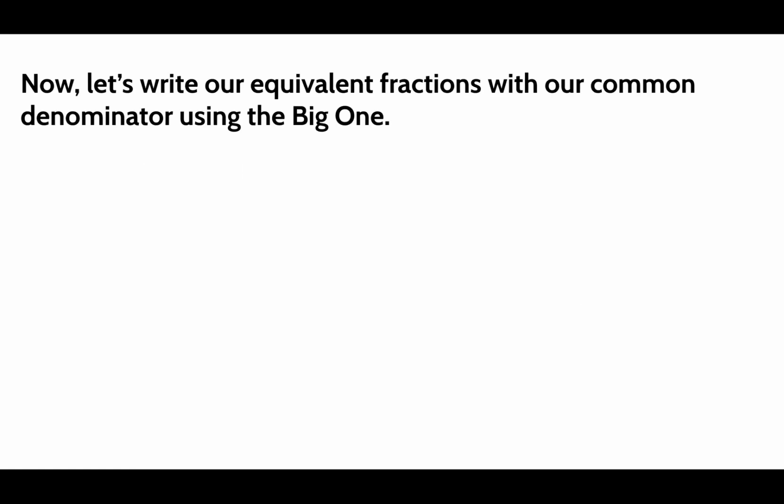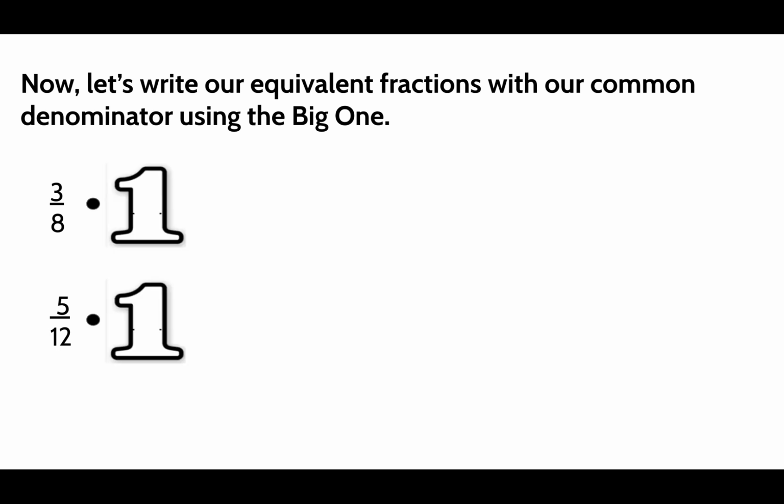So now we're going to use the big one to write equivalent fractions. So we had our 3/8 and our 5/12. I'm going to multiply this by something called the big one. And I know that my common denominator is 24 for both 3/8 and 5/12. So I need to think, what can I multiply 8 by to get 24?